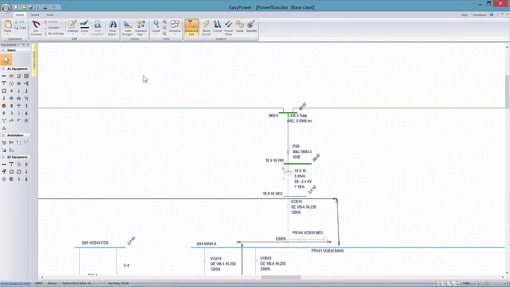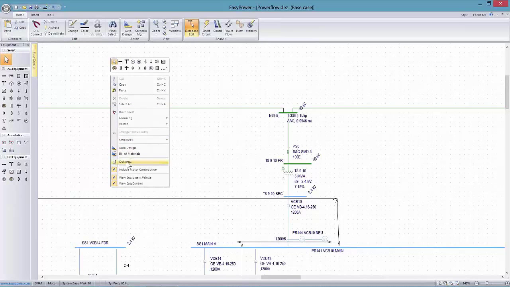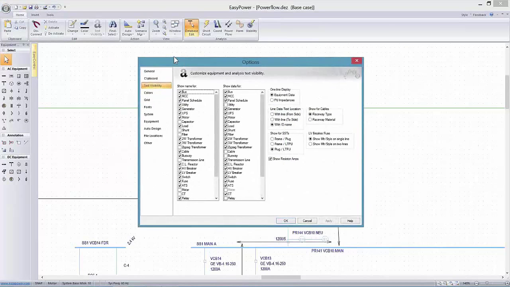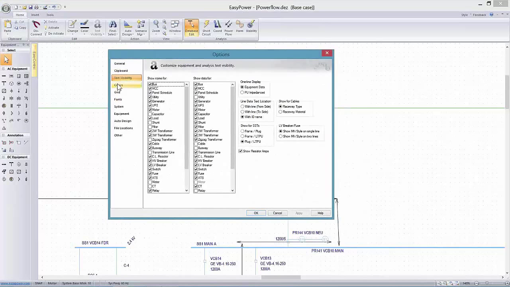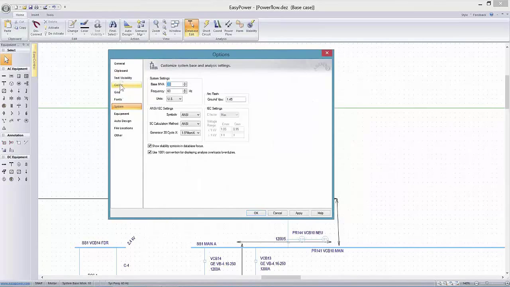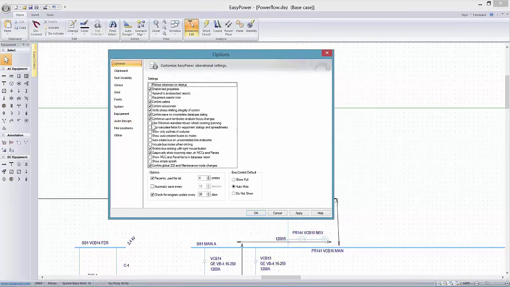For those of you that have run into this, when you're doing an arc flash study and you get this error, it's actually part of the options in database editor. In the general settings, what we're looking for is verify phase shift integrity of the system.